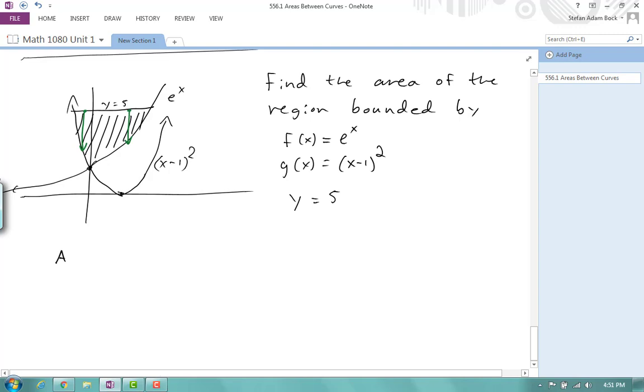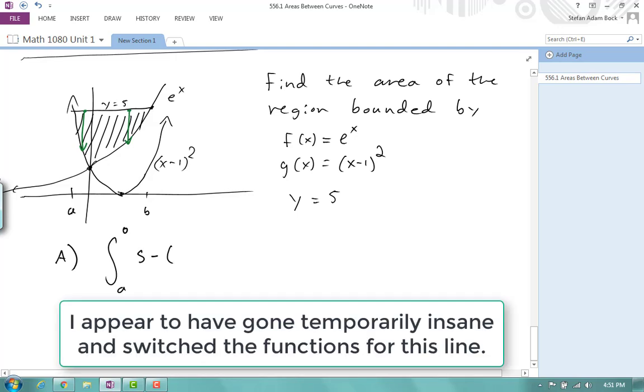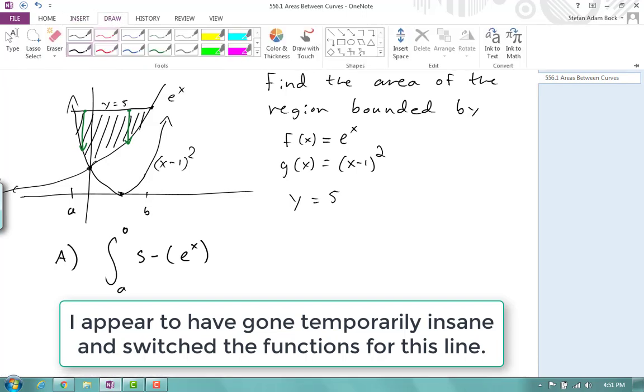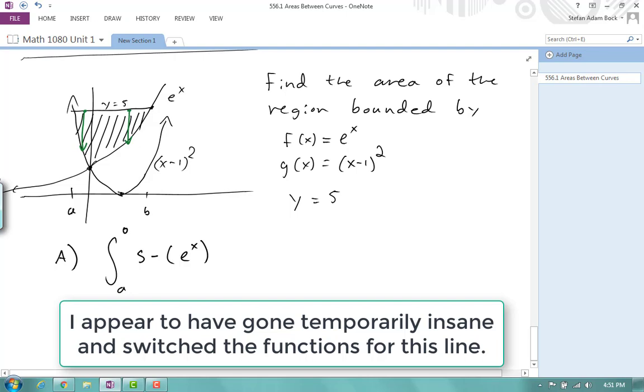So I'm going to have two methods of doing this, and I'm going to call this one A. I can have the integral from something, we'll call it a, to something, we'll call it b. From a to 0, that's where they cross, of 5 minus e to the x dx.